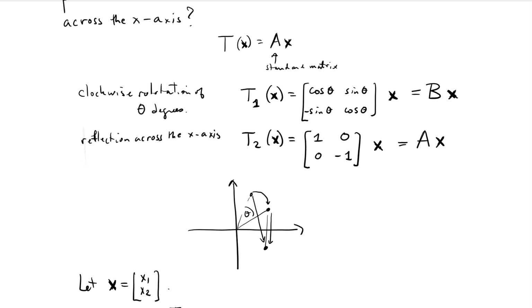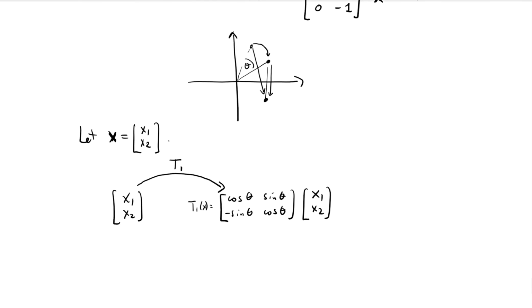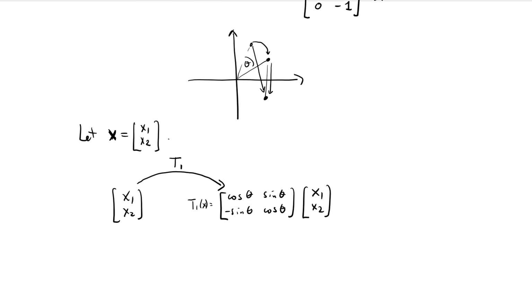So T1 of x equals Bx. If I multiply this out, this is going to give me a vector.